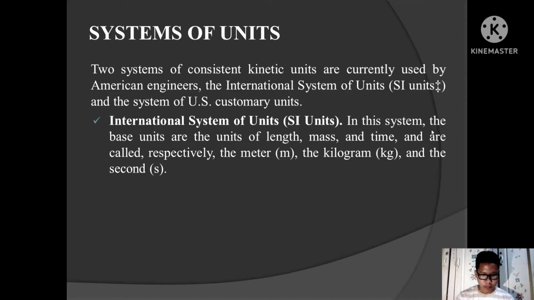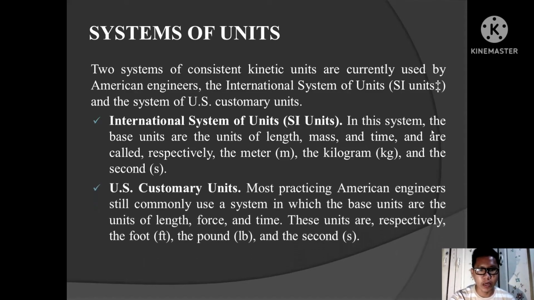The next one is the US customary units. Most practicing American engineers still commonly use a system in which the base units are the units of length, force, and time. These units are respectively the foot, the pound, and the second.